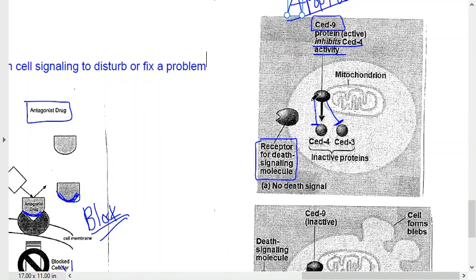And we denote this by using a line with a little line at the end and then a negative sign. So this means that this protein, SED9, is inhibiting, it's blocking the action of SED4 and blocking the action of SED3. So in a typical, normal, healthy, happy cell, SED9 is active and SED3 and SED4 are inactive.